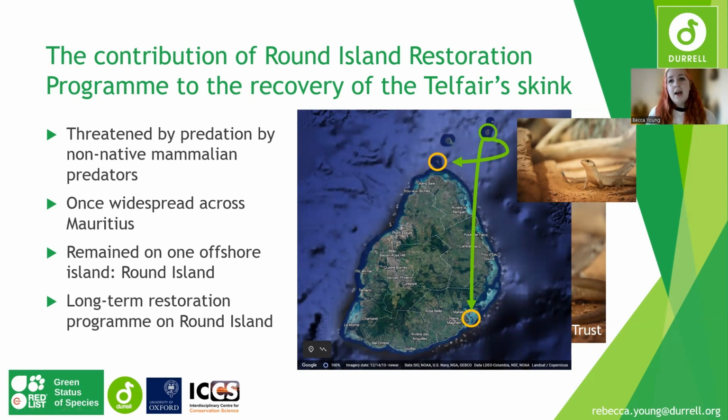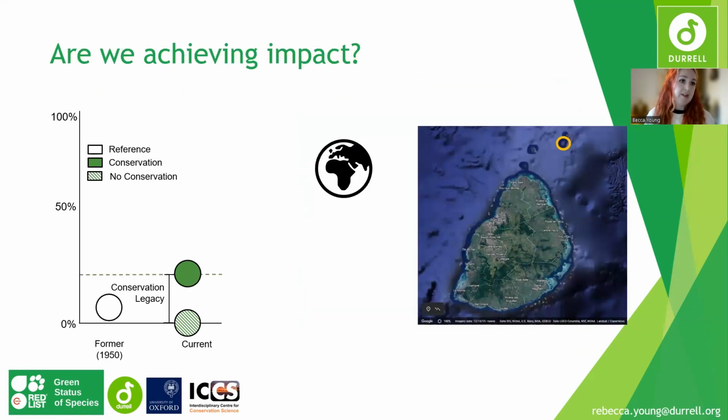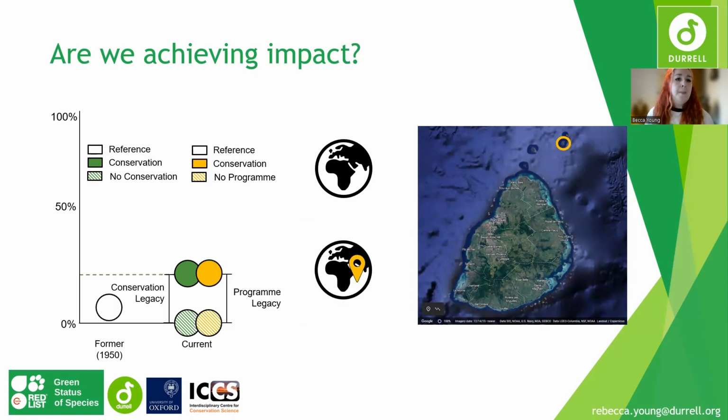And so if we look at the impact of this one, we want to know, are we achieving impact? Again, here's the global assessment for the Telfair skink. And the programme legacy is equal to the global legacy, because this entire programme was working on the one remaining population of this species. So it makes sense it would have a very high legacy.